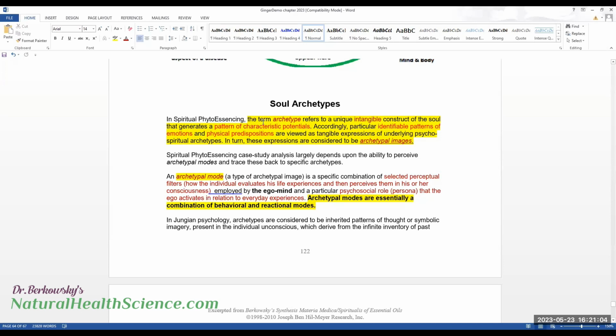In turn, these archetypes, when they manifest outwardly, such as I don't feel nurtured, and because of that I'm behaving like this, I'm overeating, trying to nurture myself through overeating, I'm not really grounded, so I'm taking anti-anxiety medications because I feel very anxious, that I can't really make contact with the ground. These are the archetypal images. These are the outward images of either a success state or failed state of the archetypal pattern.